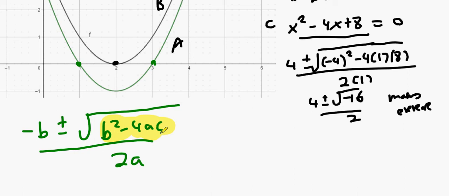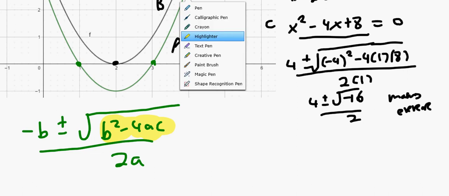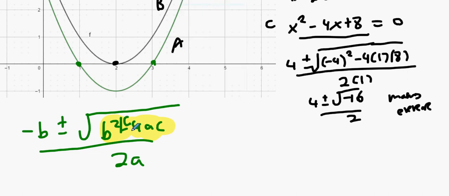You will have two answers. If that was plus 19, how many answers would we have? Two answers. If that was 0, how many answers would we have then? We'd only have one answer, because plus or minus 0 is the same thing. If this is negative, what does that mean? We get a maths error, which means we can't get any answers.